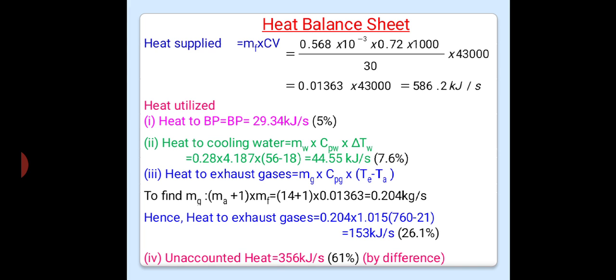Hence we have prepared the heat balance sheet in kilojoule per second. We have completed all the problems related to the performance parameters of IC engines.